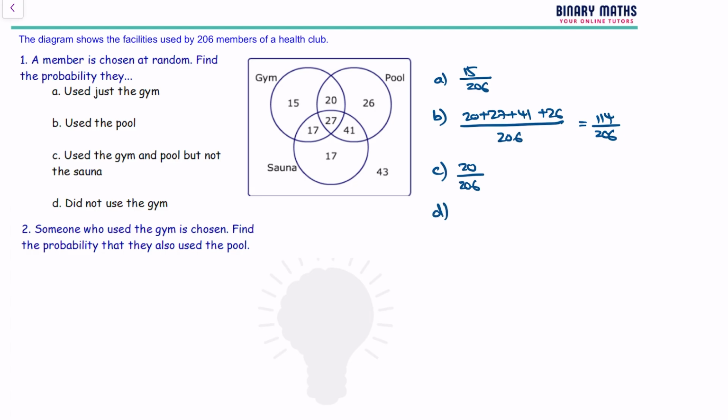So did not use the gym is this plus this plus this plus this. So that's going to be 26 plus 41 plus 17 plus 43 all over 206, which is equal to 47. No, it's not 47, 127 out of 206.